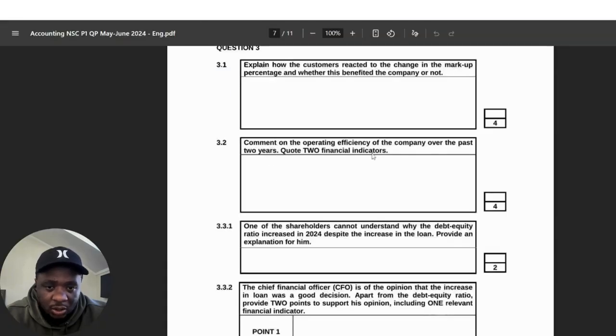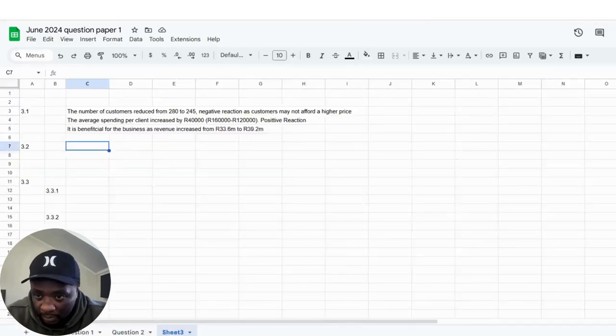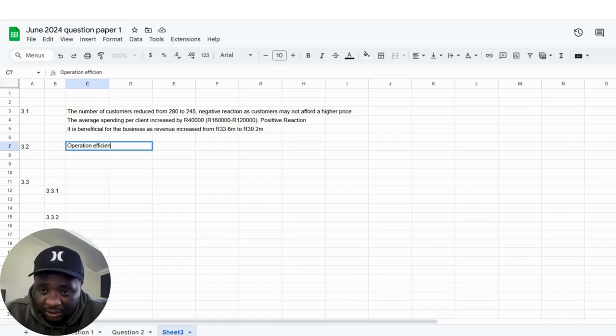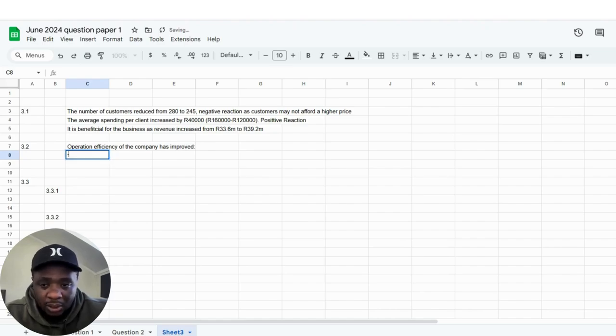So I also use comment on the operating efficiency of the company over the past 2 years, quote 2 financial indicators. So we're going to make a comment and then we're going to quote our financial indicators. So we're going to say operational efficiency of the company has improved, right? And then we quote our ratios.